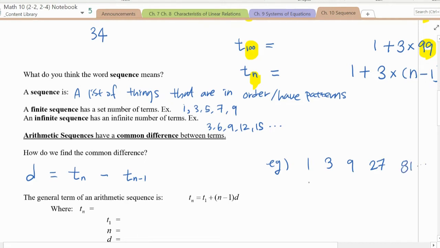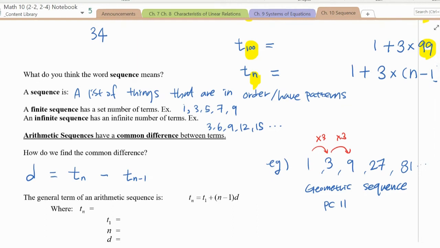This is a geometric sequence. You're going to learn this in Pre-Calculus 11, all right? So what's the difference? As I said, it has a common ratio. You multiply by the same number. But with an arithmetic sequence, you add the same number. Okay, so an arithmetic sequence has a common difference, and a geometric sequence has a common ratio. Make sense, everyone?